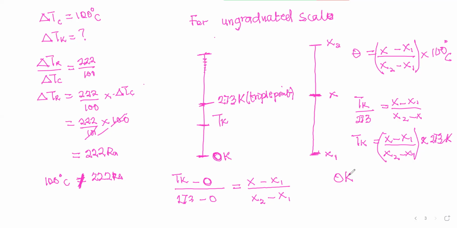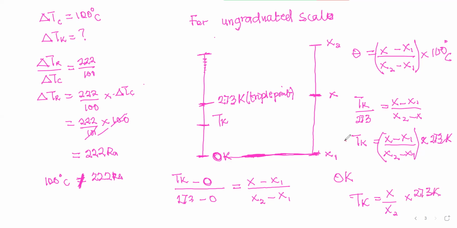So this value of x1, which goes with 0 K, will not be there. So in some situations, you will see TK equal to x over x2, times 273 Kelvin.